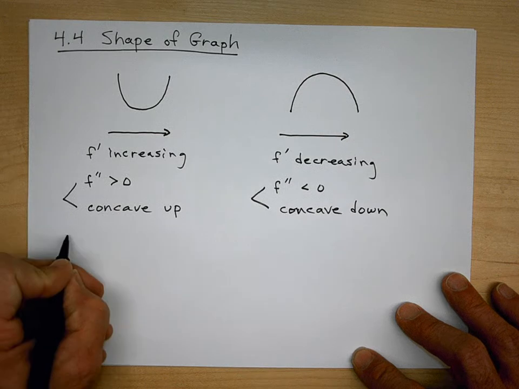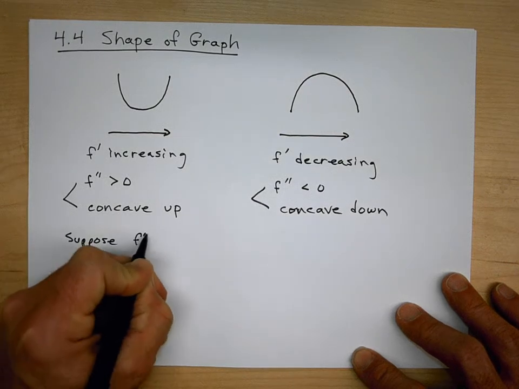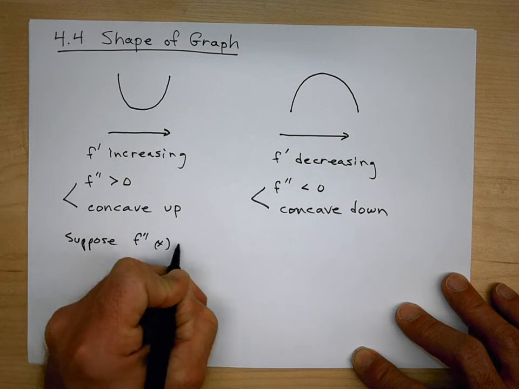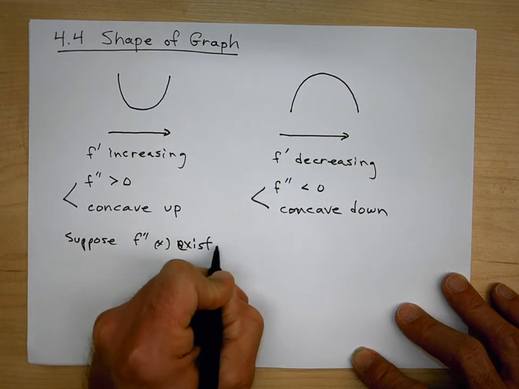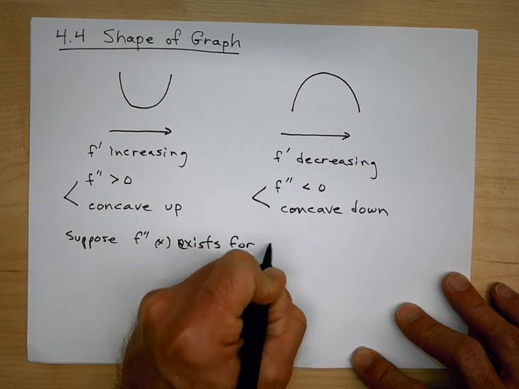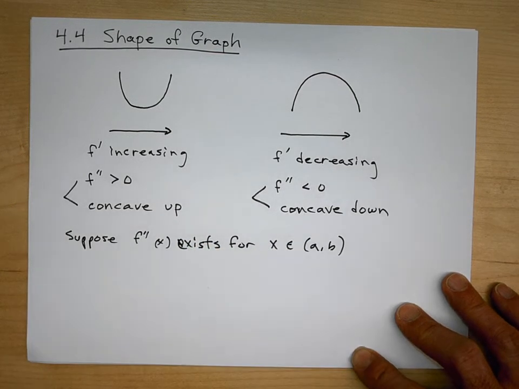So we say, suppose the second derivative exists for all x values in some open interval a to b.